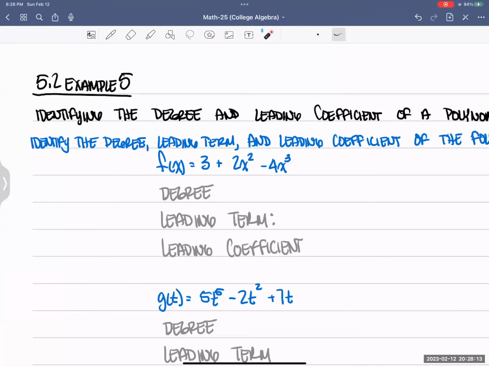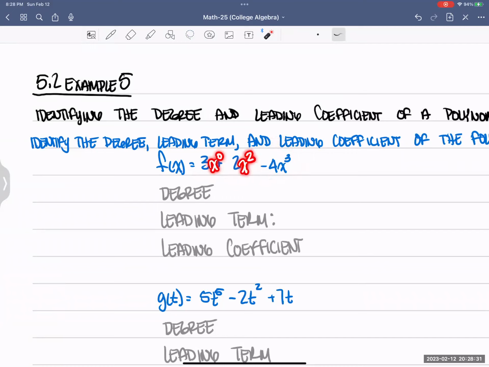So we have this one as front runner for the leading term between these two right now. And looking at this here, the leading term has the highest degree. Again, this is x to the power 0, x to the power 2, and this one's x to the power 3.